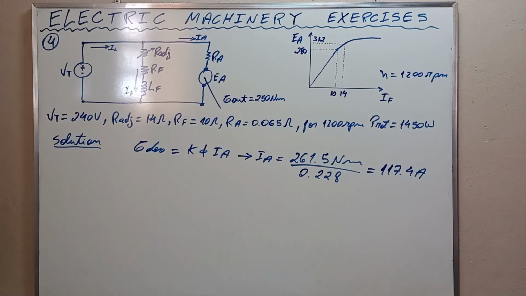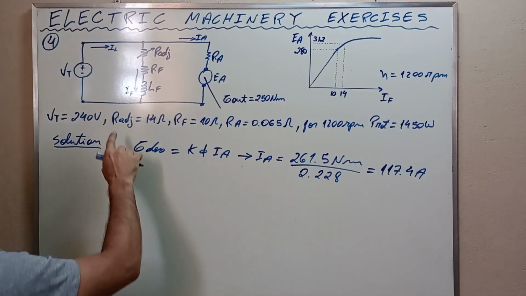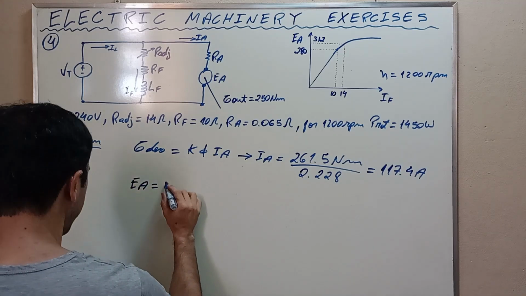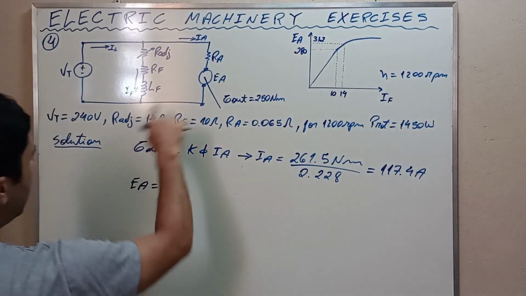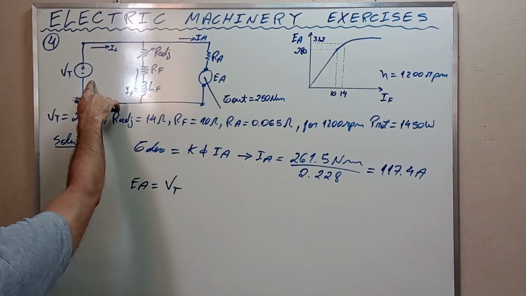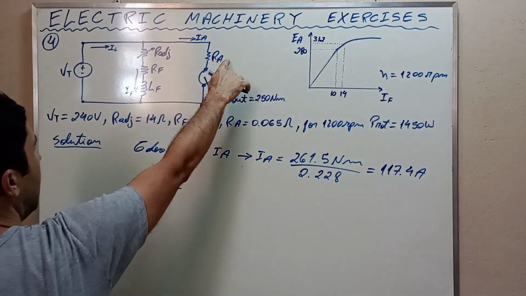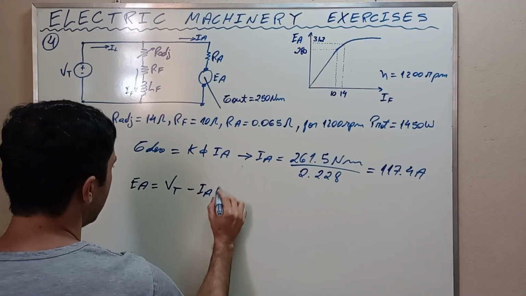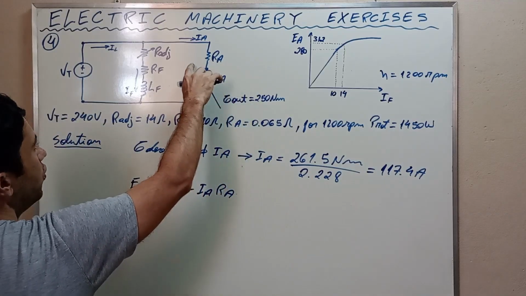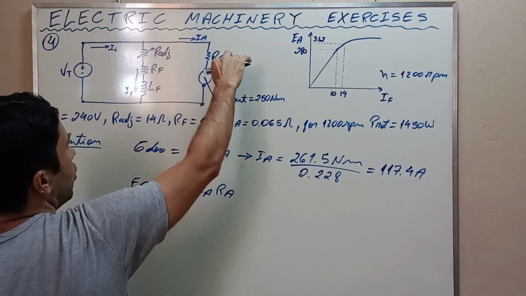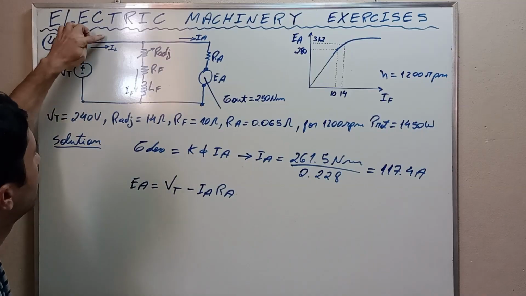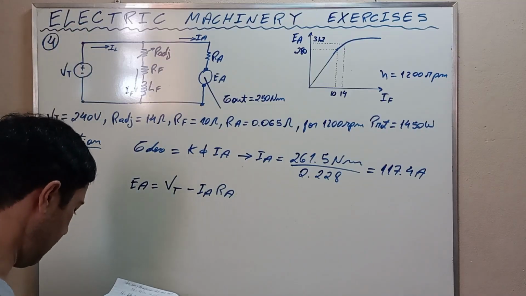Applying KVL on the armature circuit, we find that EA is equal to VT minus IA RA. This voltage here plus this voltage drop here is equal to the voltage from here to here. We use the values.